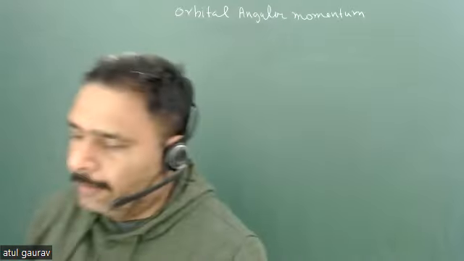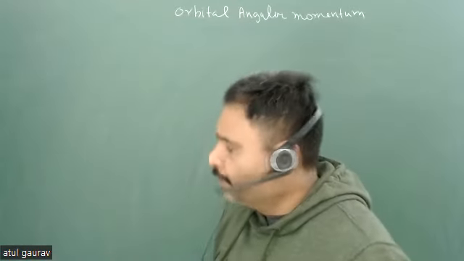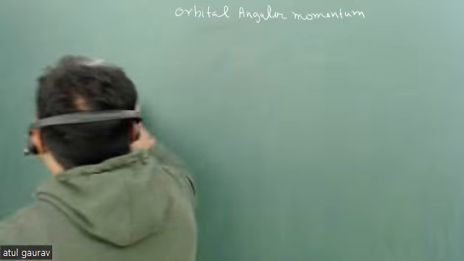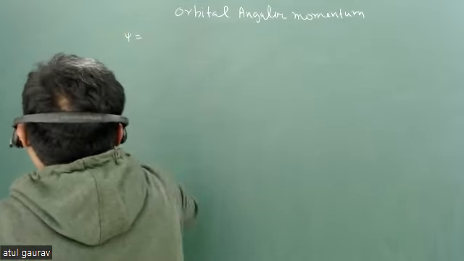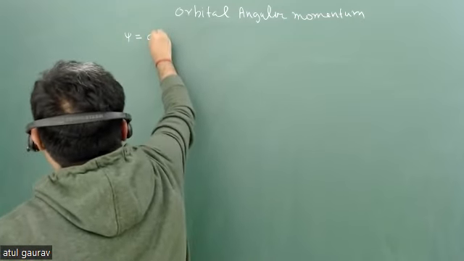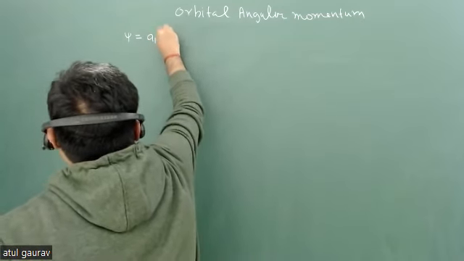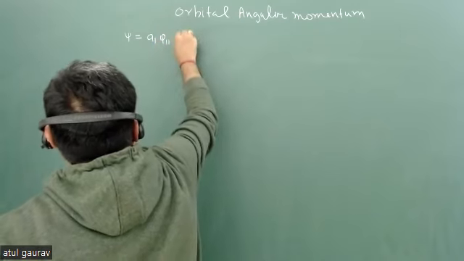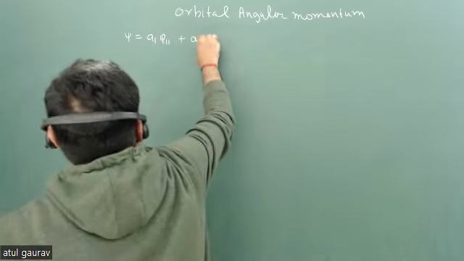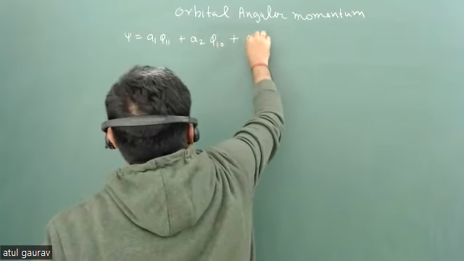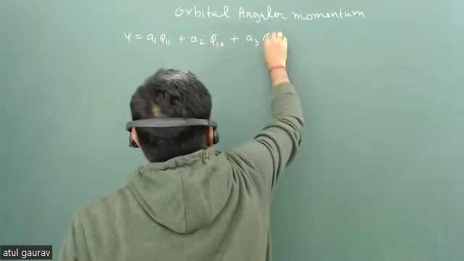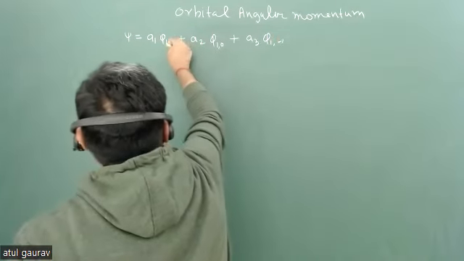It is a little bit lengthy also. So we have any state psi, and this state is written as A1 phi 11 plus A2 phi 10 plus A3 phi 1 minus 1.